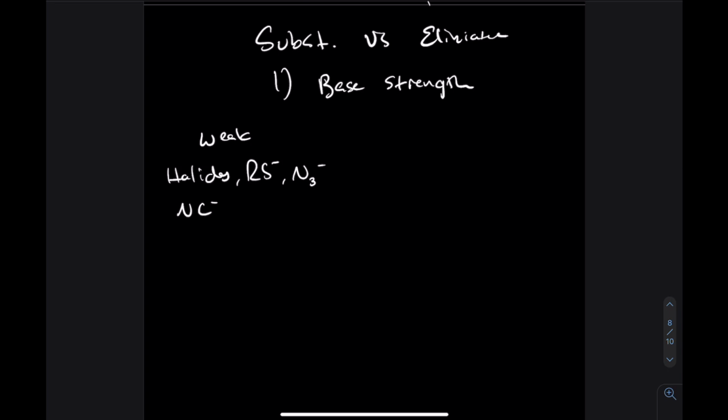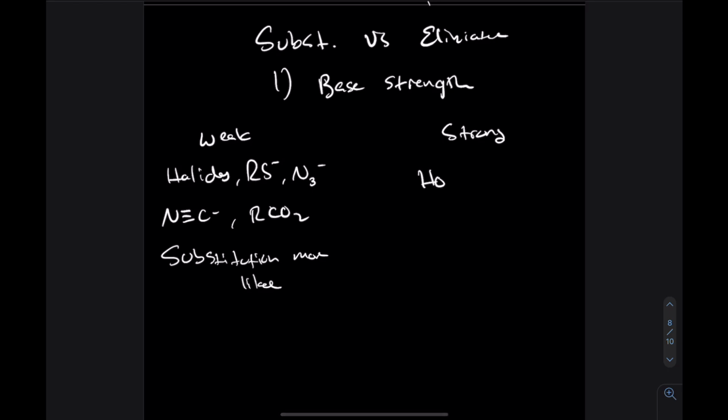Let me just draw this out here so you can see, things that have lots of pi bonds, those sorts of things. These are going to promote substitution. All right, they're strong, and those are your OHs and your alkoxides and your amides. They're going to promote elimination. All right, so there's one, base strength.